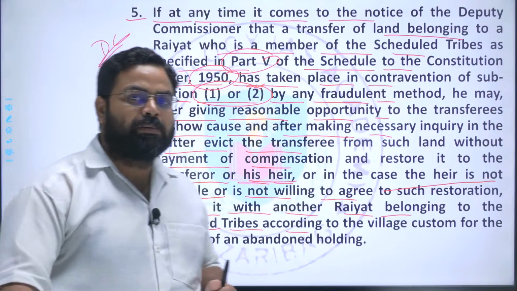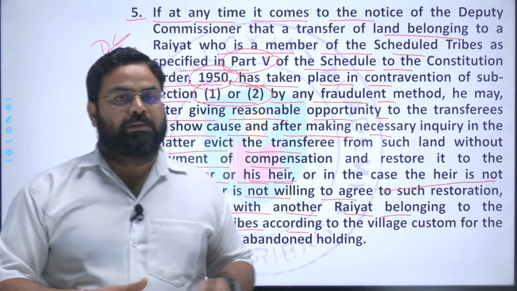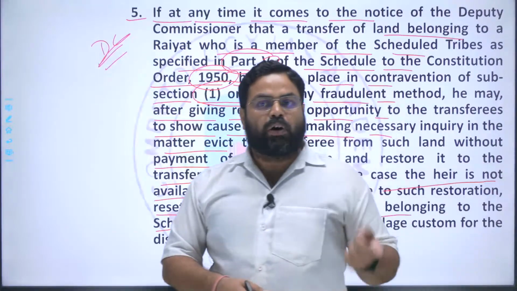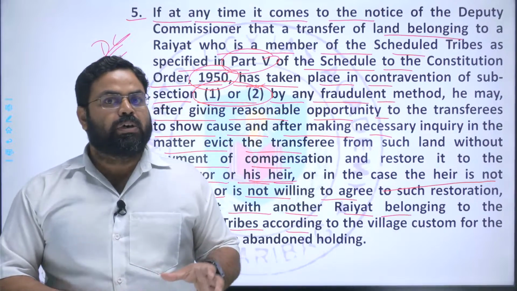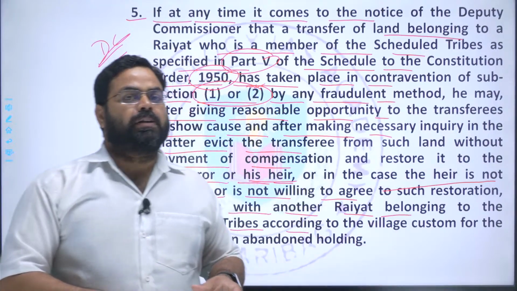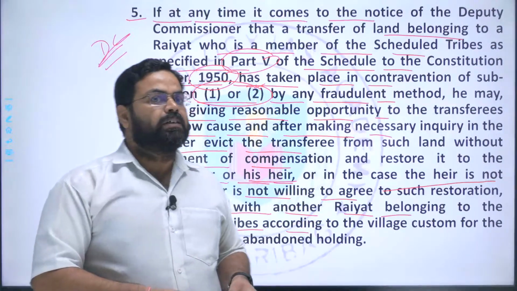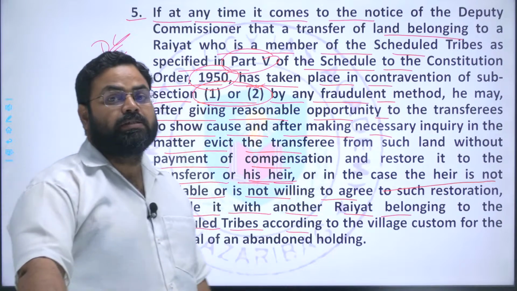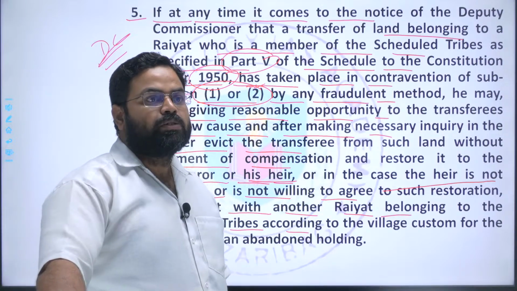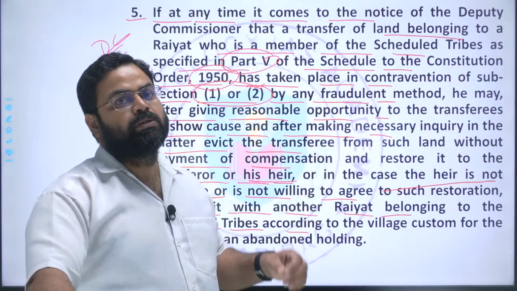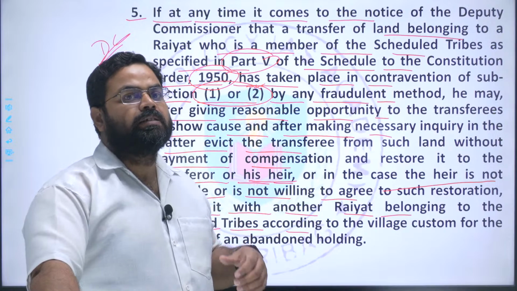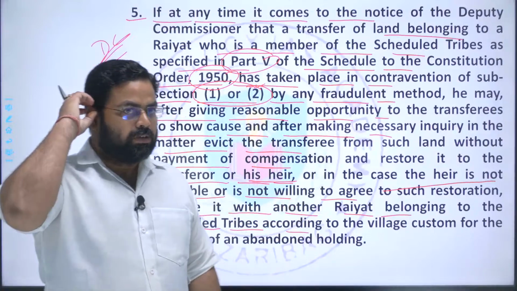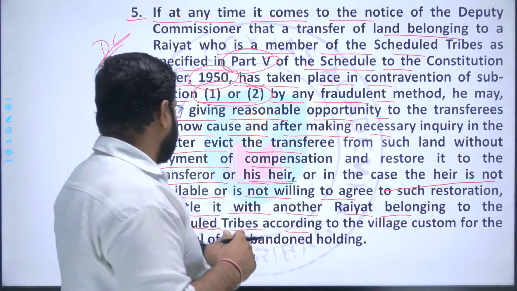So in many cases what happens, if some musalman, कोई दबंग आदमी अगर ट्राइबल लैंड खरीद लिया है, and if the DC wants to restore back that land to the original tribal person who was the owner of the land, who is the transferor, then they may be reluctant that अगर हम वापस ले लेंगे जमीन, then this musalman will threaten us, will harass us. So various issues are there. So in such cases, if that person is not willing to take back the land, then the DC is entitled to resettle that land to any other person who is the member of tribal community.